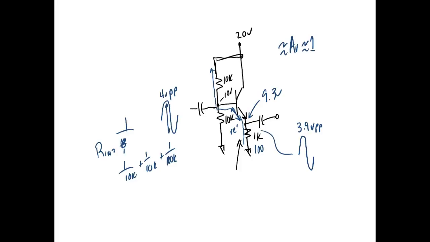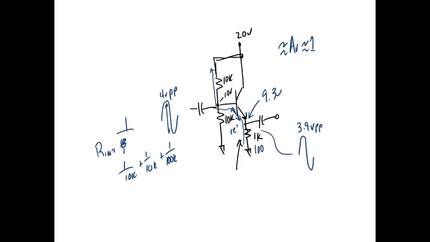So it comes out around 5K. We talked about the 10 to 1 rule, right? If something is 10 times bigger than these resistors right here, then usually we can basically ignore it. So we've got 5K input, we've got 1K output.